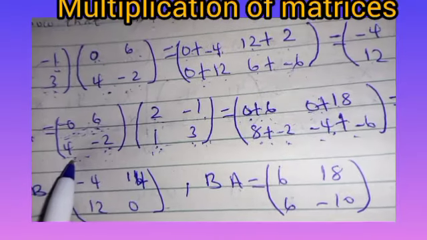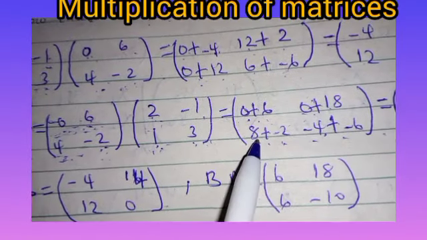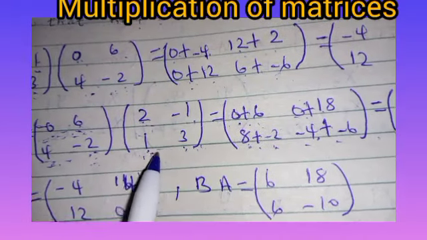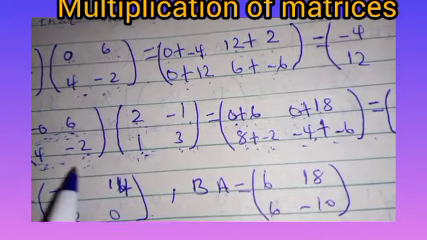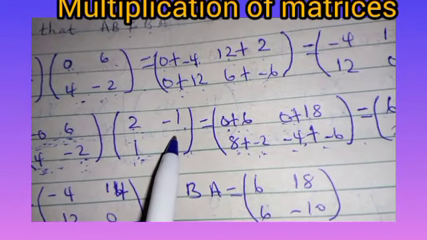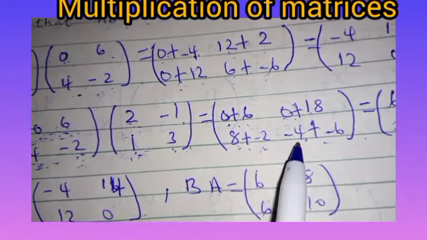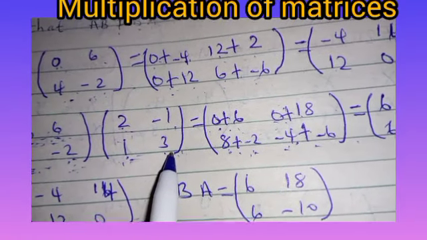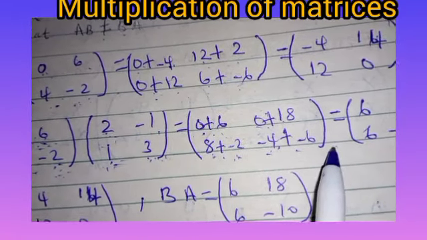Then you have 4 times 2 to give you 8. Negative 2 times 1 to give you negative 2. Then you have 4 times negative 1 to give you negative 4. Then you have negative 2 times 3 to give you negative 6.